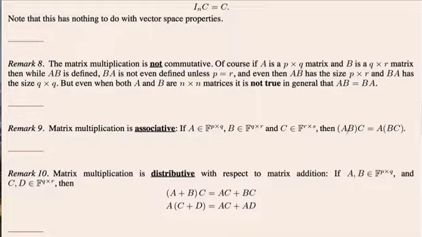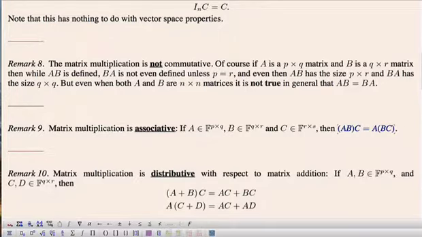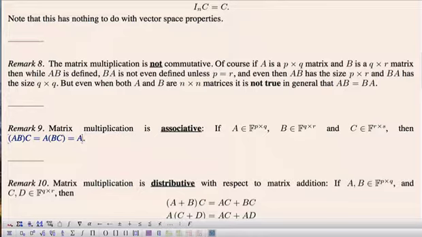So we can regroup the multiplication. Note that the multiplication is a binary operation, so if you have 3 matrices, then we have to do it in pairs. But since it doesn't matter how we group it, we might as well just write A times B times C.